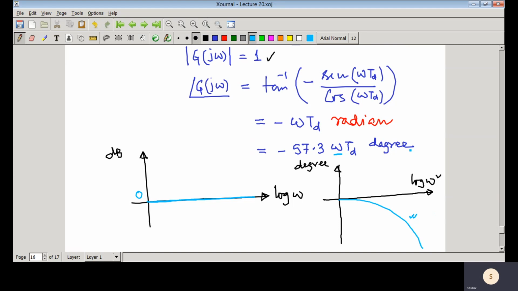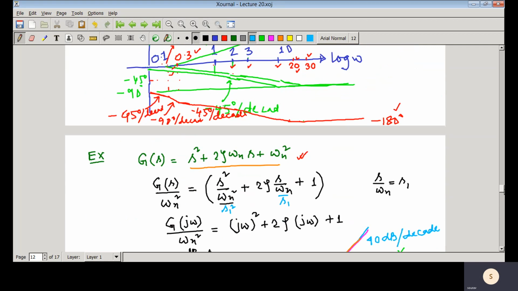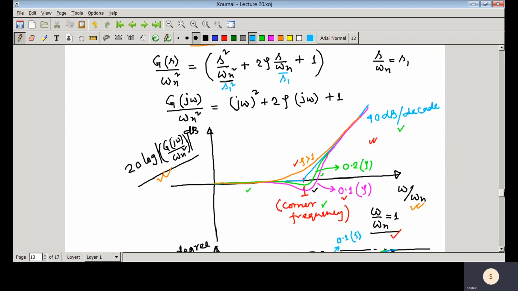So whenever there is a delay in the loop, or any transportation lag, it contributes some phase lag. So it has a lot of effects on stability and performance. If you just plot degree versus omega, that would actually be a straight line with a negative slope.